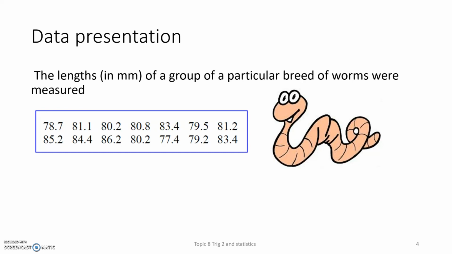Here we have a set of data on the length of worms. Now here, these lengths are measurable, right? They are measurable. So in that case, we talk about the data as being continuous.